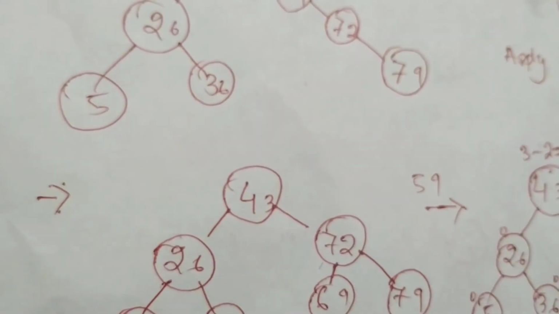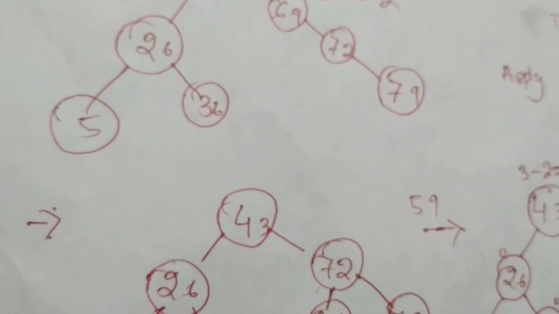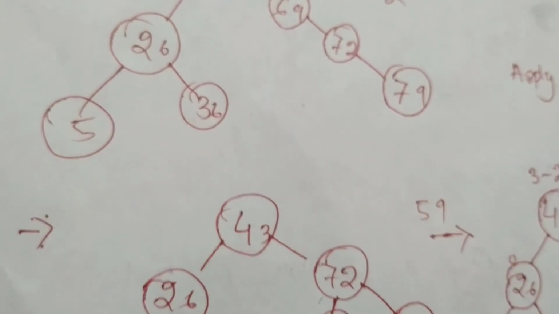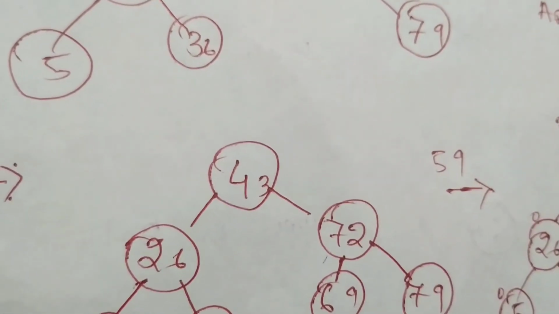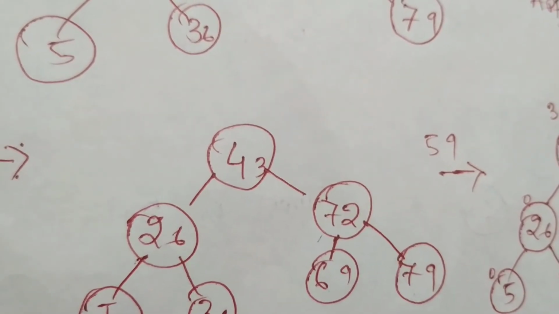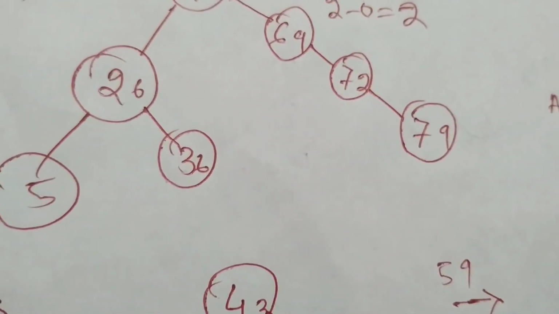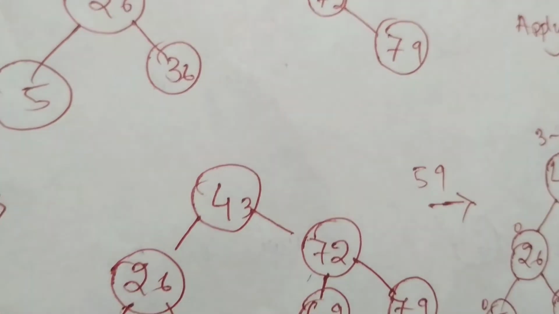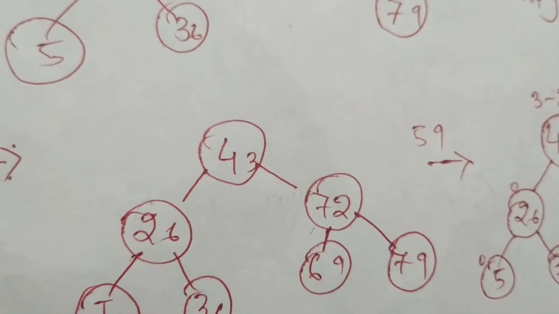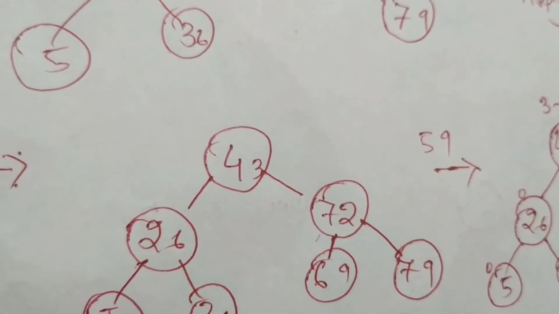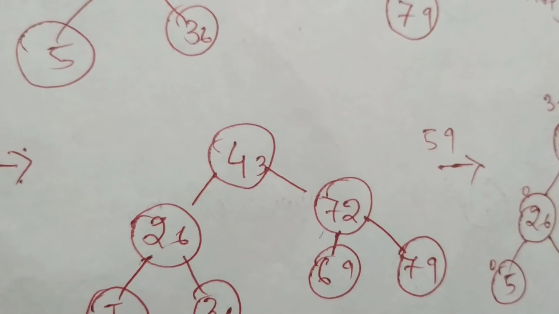So here the tree is rotated. 69 becomes the left child, 72 becomes the root, and 79 becomes the right child. So here it was the problem, and here it is just rotated from left to right. Then it becomes this tree. So now it is balanced. You have to find the balance factor, and you will find the balance factor lies between minus 1, 0 and 1.